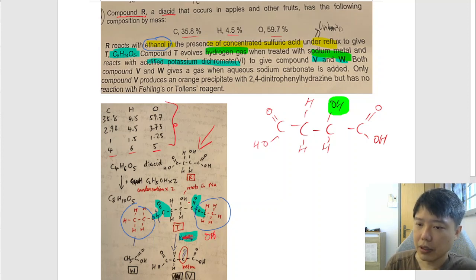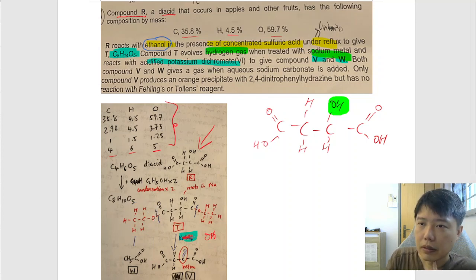Let me erase all these first. So what you're going to do is cleave off the ester linkage here and also here, which gives you 2 different compounds.